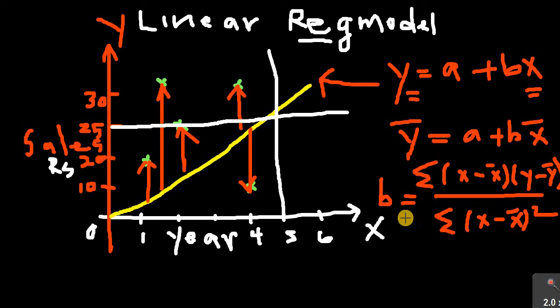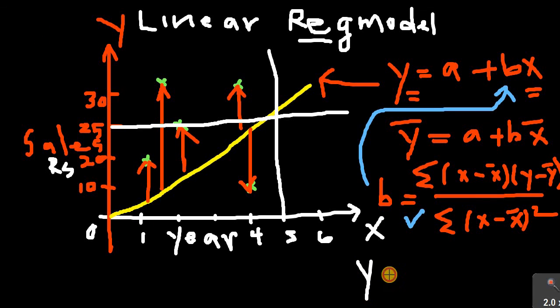After finding this calculation, substitute the value here and we can get the value of a. After getting a, we can know b, substitute here, and you'll get the formula like y equals a plus bx.